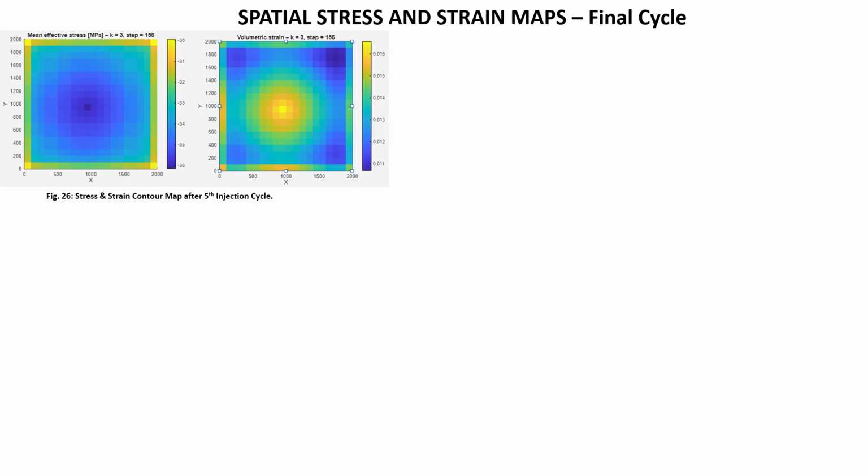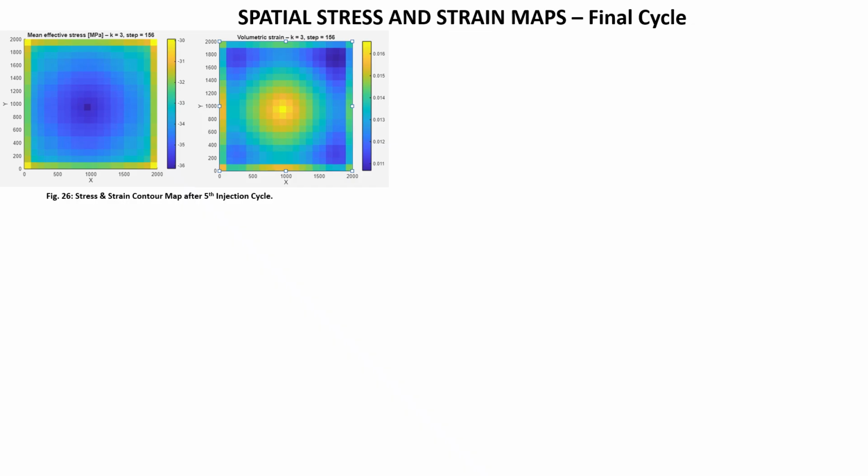In this case, this is figure 28. So we see that at the end of the 5th injection phase, we see the same pattern as in cycle 1, but now it's slightly more pronounced.